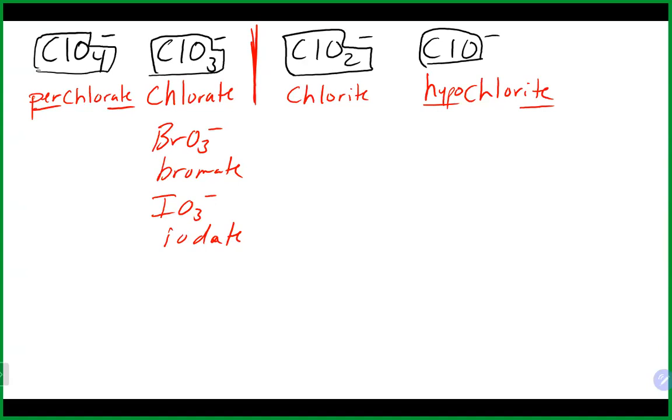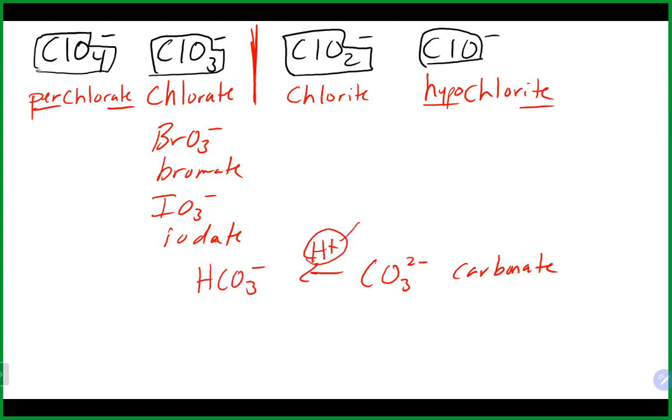In addition, other things that we will see on the periodic table, for example, you could have something like carbonate. And sometimes we may put a hydrogen or H plus in front of it, and that will make it HCO3 minus. It is not just an H, but the plus is important. That's how the charge changes.